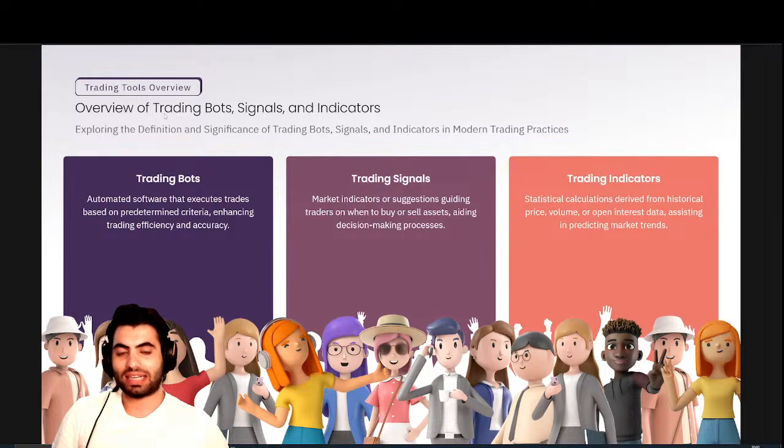Signals are basically when somebody, a professional trader in most cases, gives you an alert when you should buy or sell. Nowadays there is also something called copy trading, and those signals are automatically executed trades.